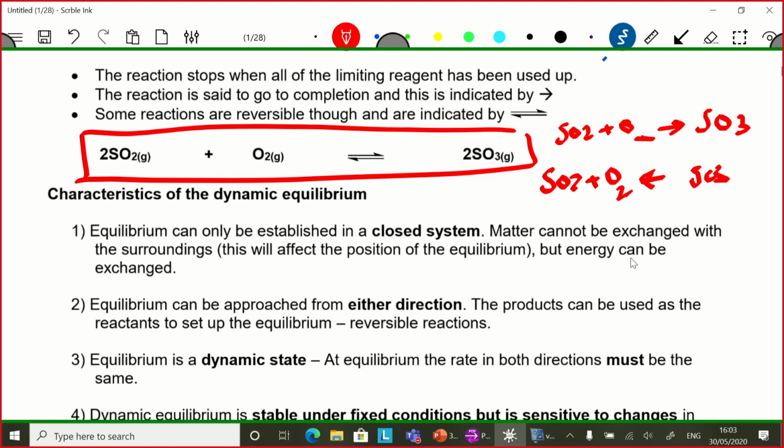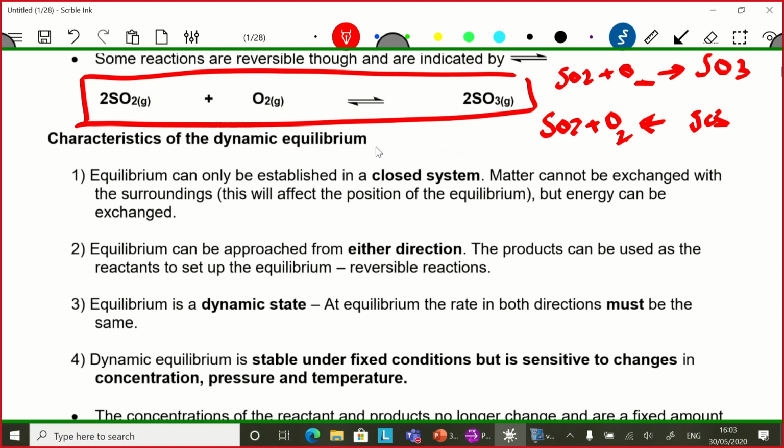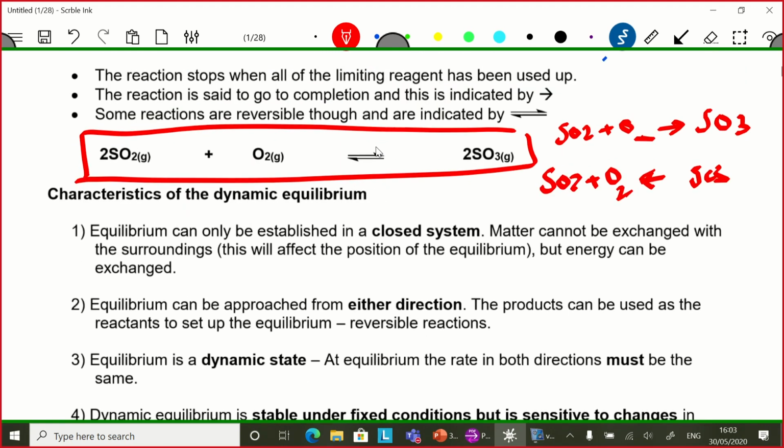How can we tell that we have a dynamic equilibrium, or that the equilibrium is reached? We need to remember that to have an equilibrium we need certain conditions. What are these conditions? To have an equilibrium, you need to be working in a closed system.